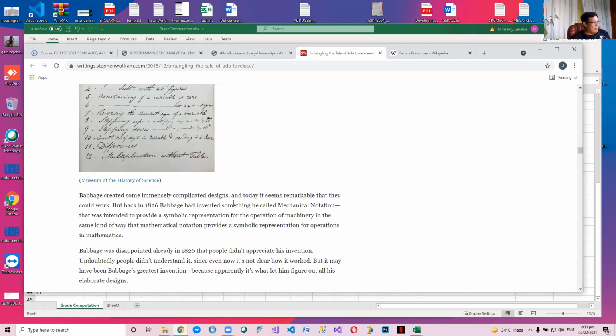So during those times, nothing happened when Ada Lovelace passed away. The technology was lost, and nobody developed it again until 1950. Okay? When the work of Charles Babbage was rediscovered by a very well-known mathematician named Alan Turing, especially during World War II.